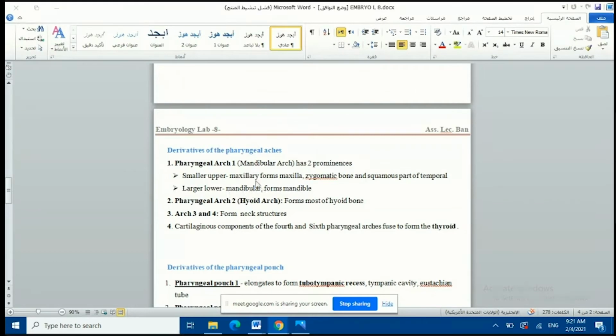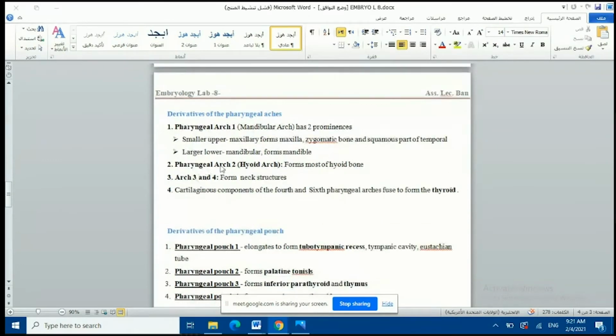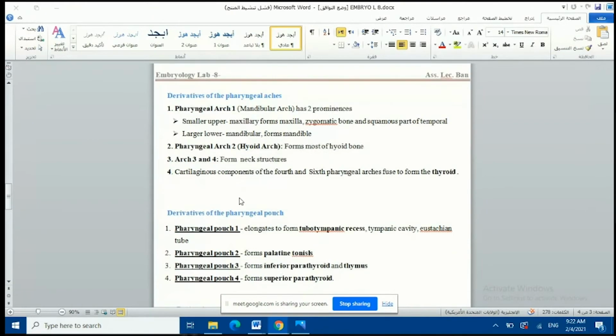The maxillary forms the maxilla, zygomatic bone, and squamous part of the temporal, while the mandibular one, the larger lower prominence, forms the mandible. Look, pharyngeal arch number 2, we call in another term the hyoid arch, and this forms most of the hyoid bone. Arches 3 and 4 form the neck structures. Okay, the neck structures generally, I didn't mention specifically.